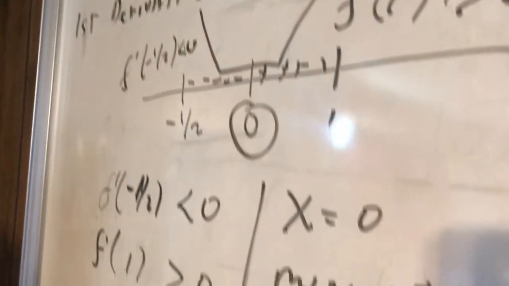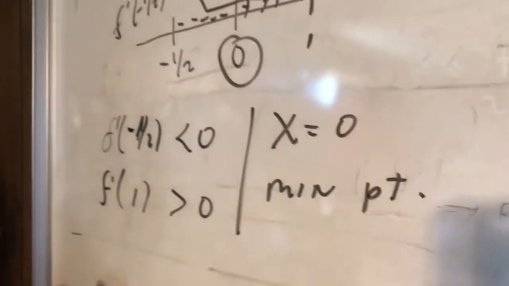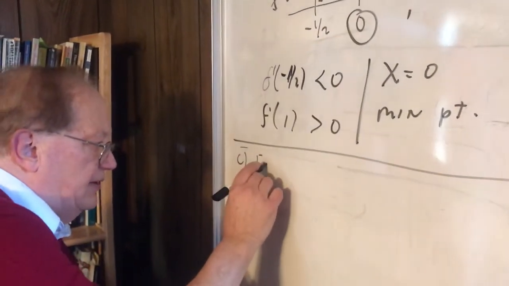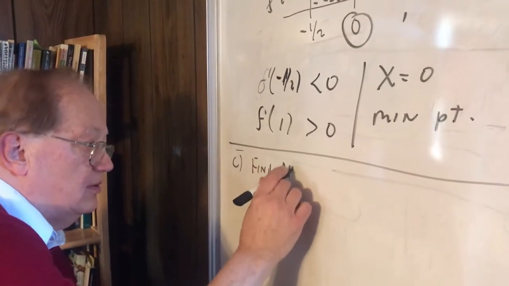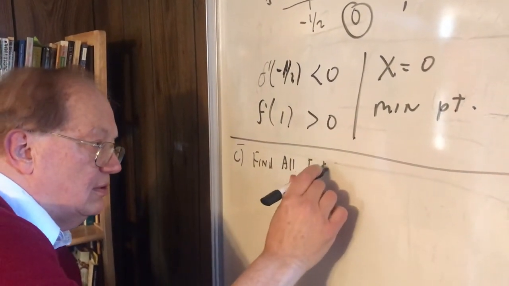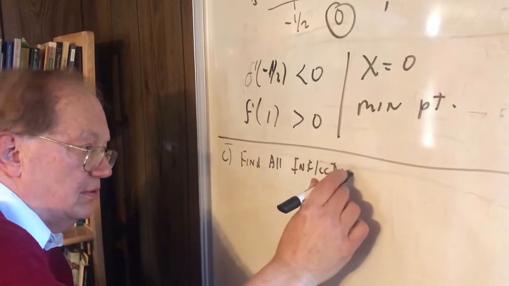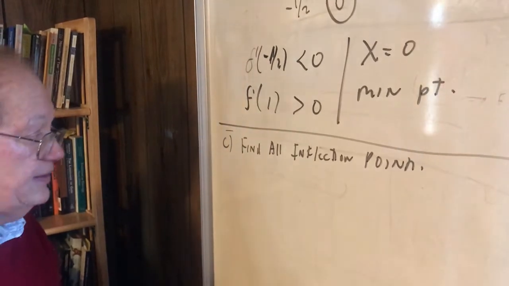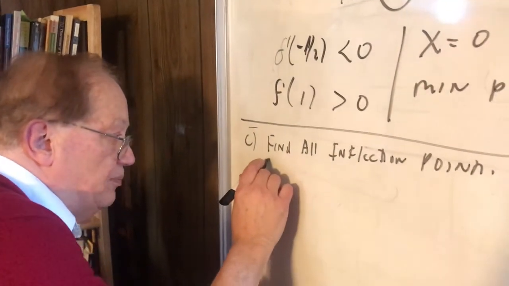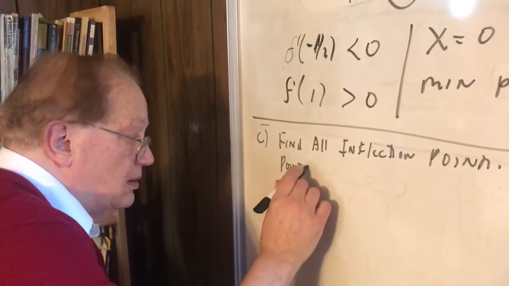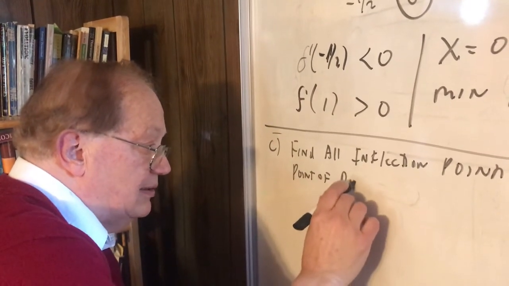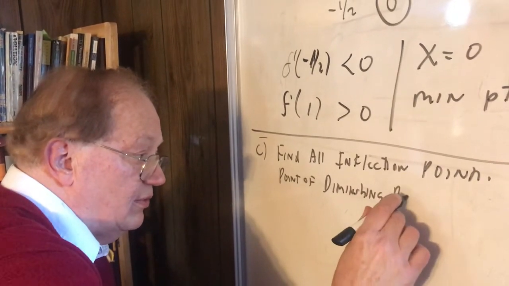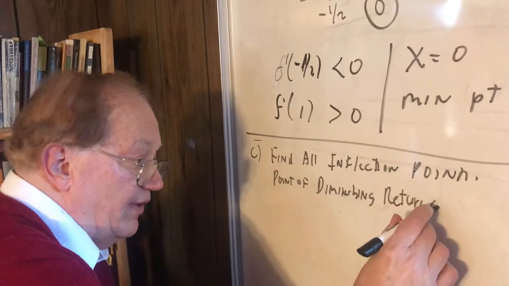So now we have that, and let's look at the next thing that we want to do. C says, find all inflection points and find the point of diminishing returns of f of x.